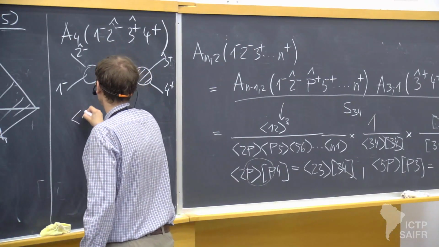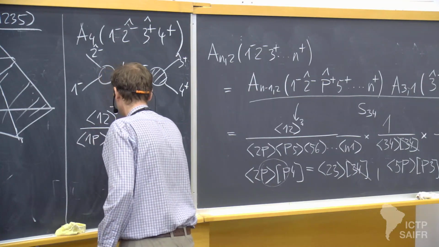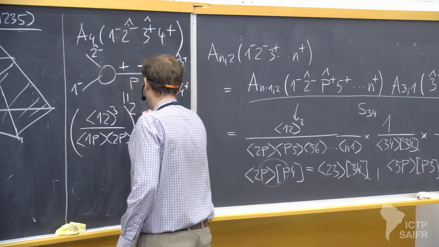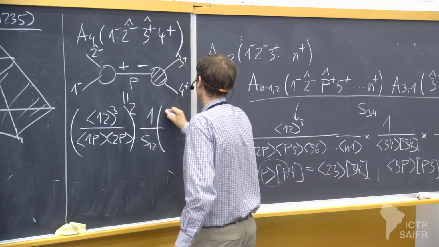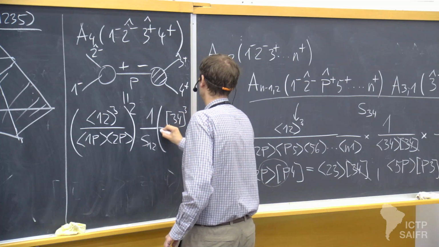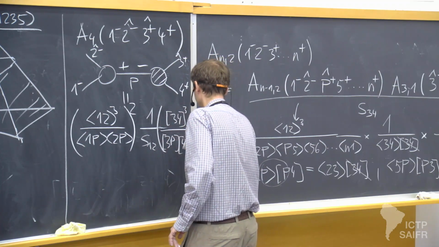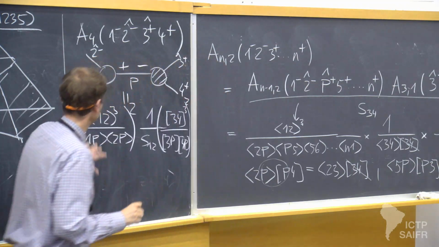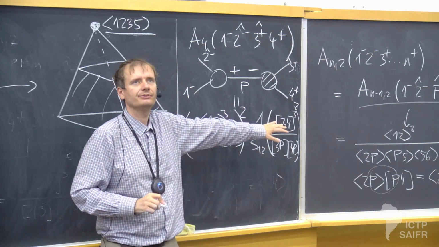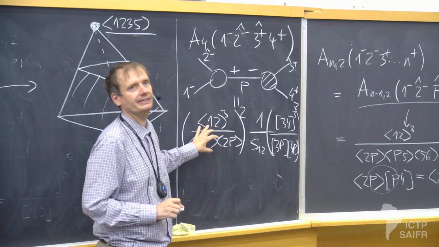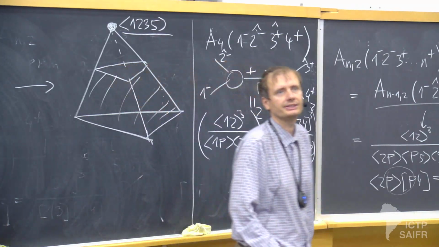So this then starts as ⟨1 2⟩ cubed over ⟨1' 2'⟩ squared, times 1 over S12, and then ⟨3 4⟩ cubed, ⟨3' 4'⟩ squared. We had this formula without squares for the gluons, and we got the Parke-Taylor formula for 4-point. Now we just square these things that are coming. Otherwise, everything is the same. Just the 3-point amplitudes are squares.